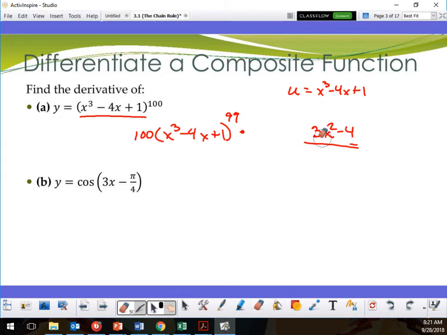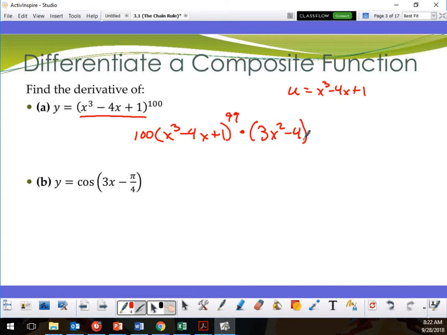So it's my 3x squared, right? Okay, so it's a 3x squared minus 4. And that's it. So just derivative of the inside times the derivative of the outside. Does that make sense? It's not that bad, right?